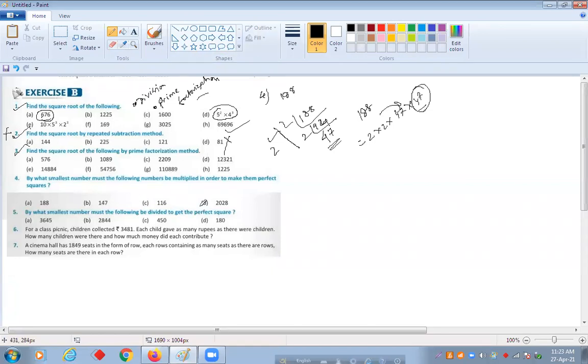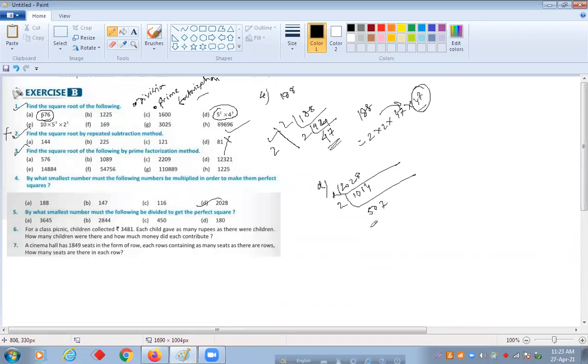The same way here, I can see the number is quite larger. 2028. If I divide by 2, we'll get 1014. Again with 2, 507.